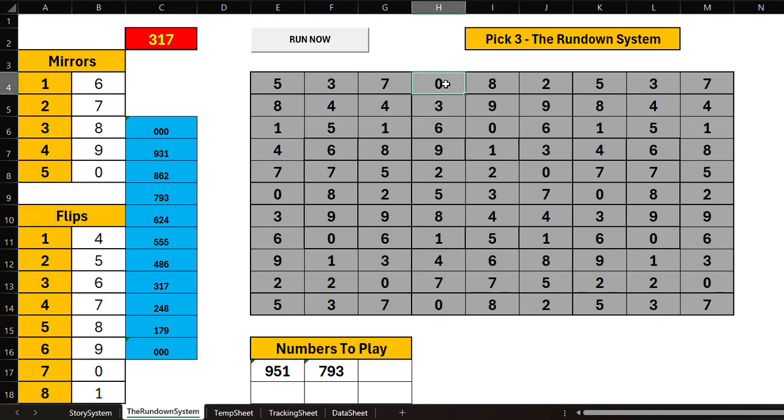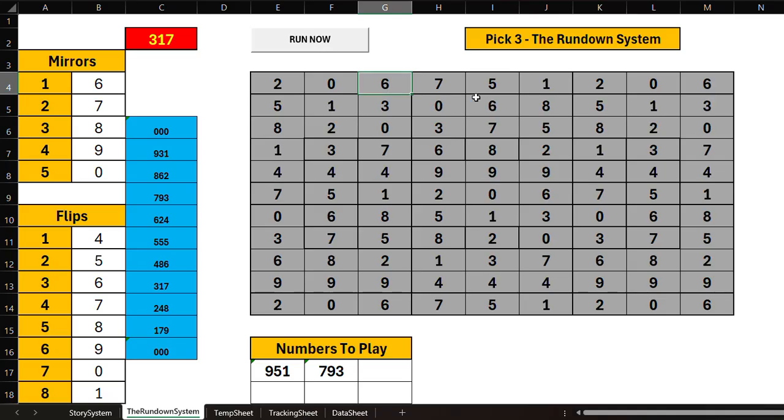Oh, what am I doing? 206. So this is your number, but the number that we're looking for is the 3rd number here, which is the 931. So 931. Somewhere down in this chart is going to be the 931 attached. See if we can find it.